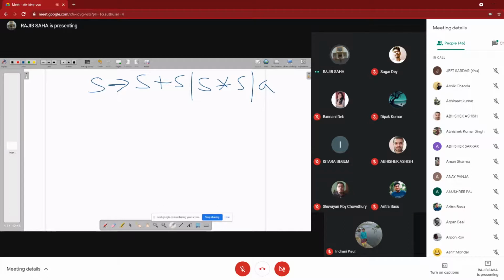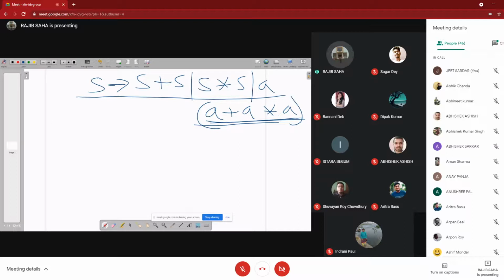So we have three terminals: plus, multiplication, and small a, and one variable, that is S. Now you have a sentence, and that is A plus A into A.